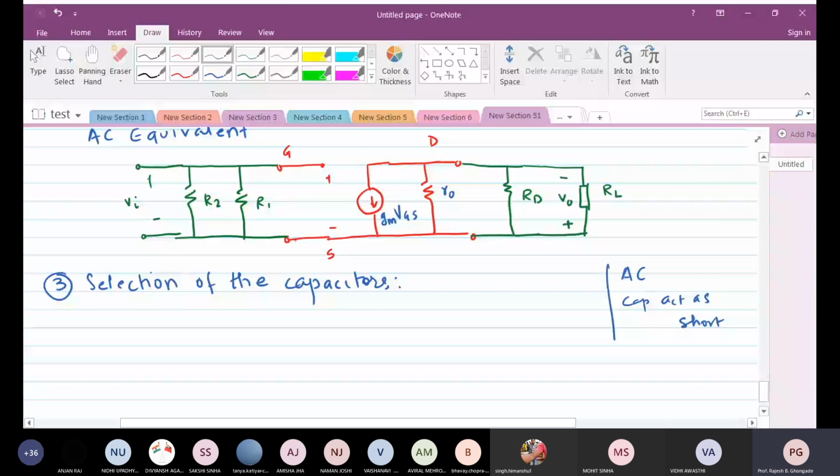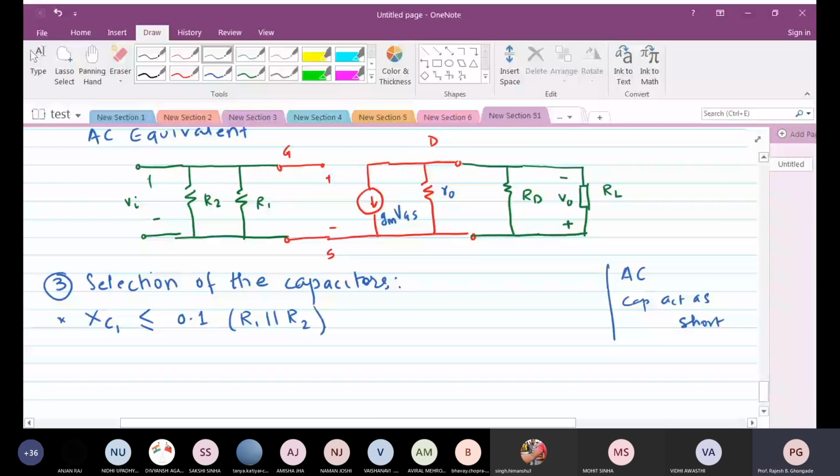Anyways, we start again by saying that XC1, the capacitive reactance, should be less than or equal to 0.1 times, that is 1/10, of the parallel combination of R1 parallel R2.